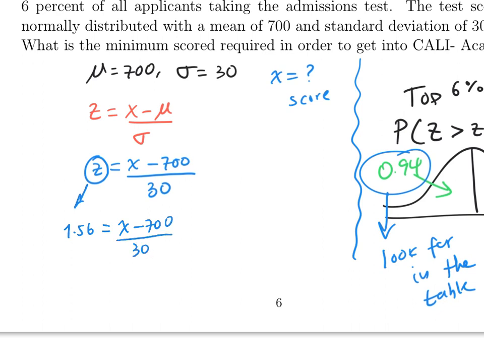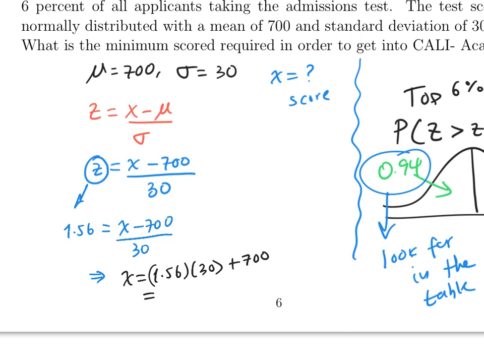Here, unfortunately, you have to use a little algebra. So how do you solve for x? You cross multiply. So you do a bit of algebra. This is what you get. X is going to be 1.56 times 30 plus 700. And how much is that? Multiply 1.56 times 30 and then add 700.